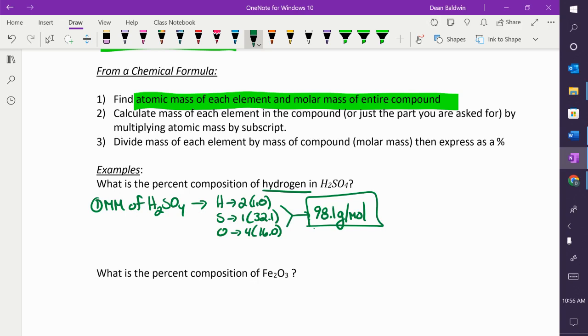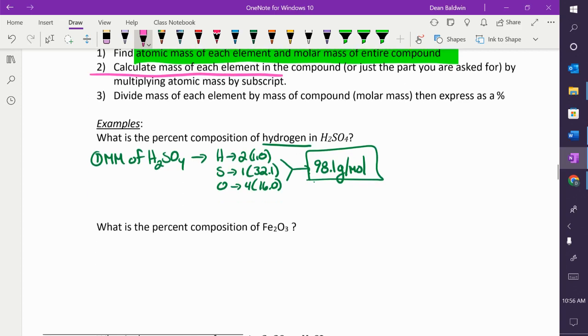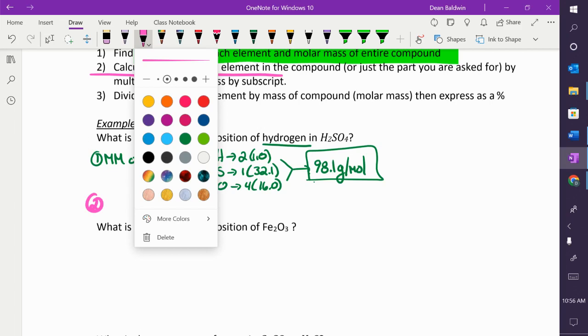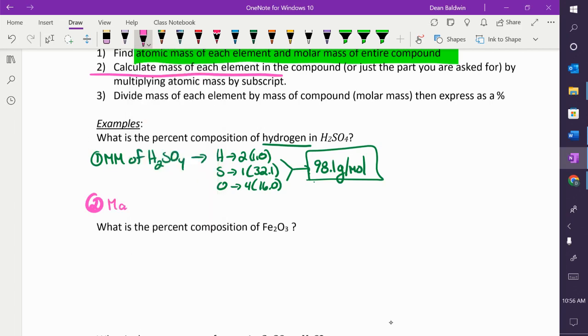Okay. Second step. Calculate the mass of each element, or what they're asking you for. So they're asking for hydrogen, the mass of hydrogen in the compound or the formula. How many hydrogens are in the formula? 2.